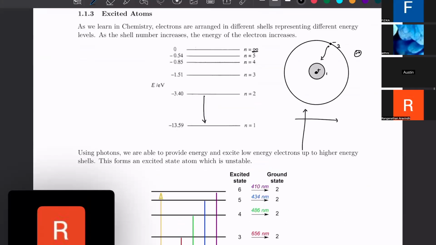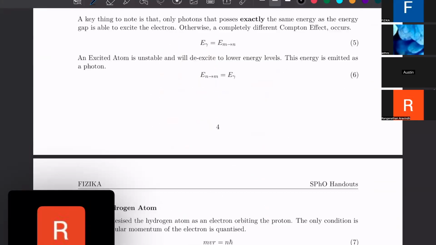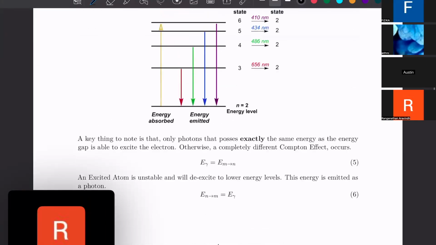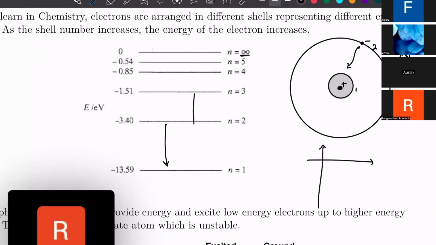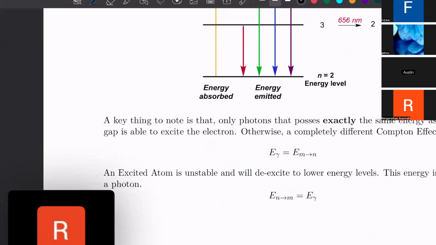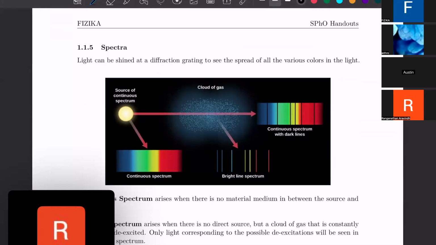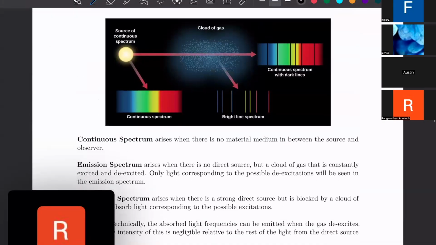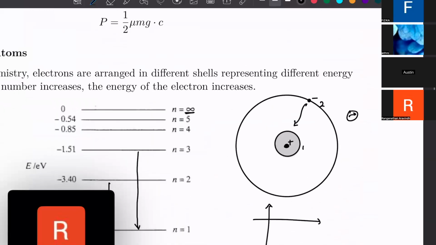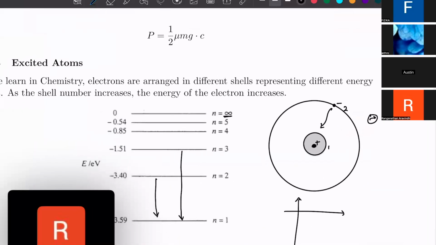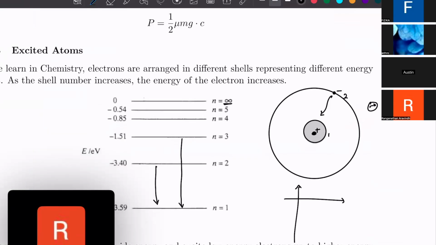I guess the important thing here is being careful and counting which level it goes down to. As I mentioned before, the emission spectrum is when you have excited state atoms that de-excite and emit this kind of photon.